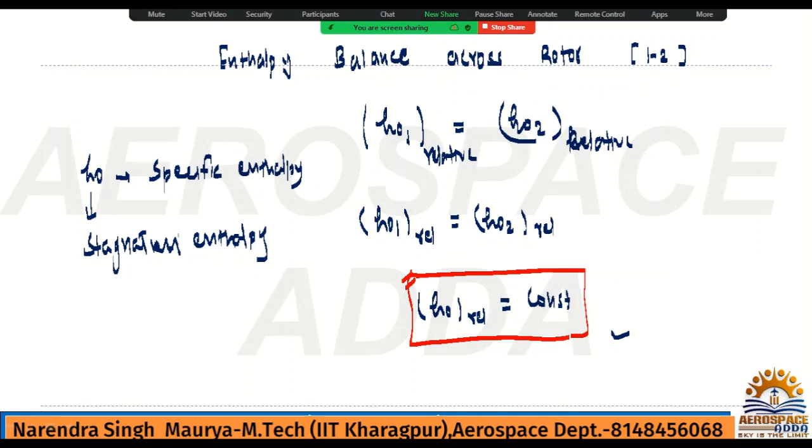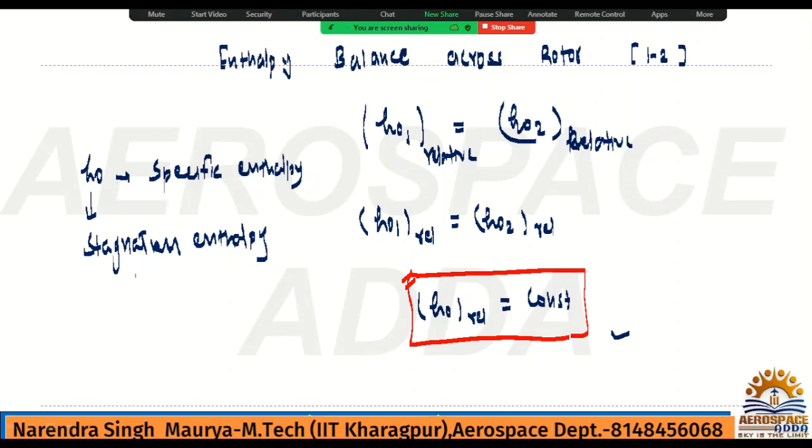Stagnation enthalpy. You cannot say static enthalpy will be constant. I am talking about the total enthalpy, which will be constant. Both sides you can write total, but it is the total value, not static. My point is that static enthalpy is not constant, total enthalpy must be constant.